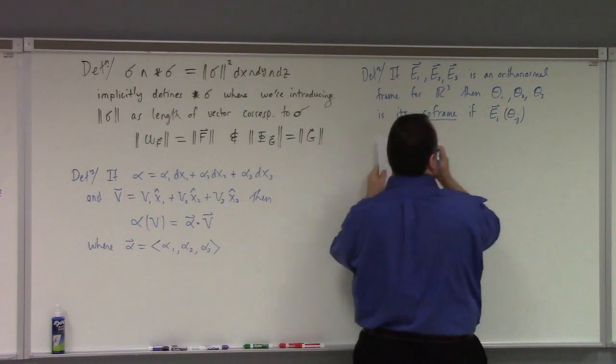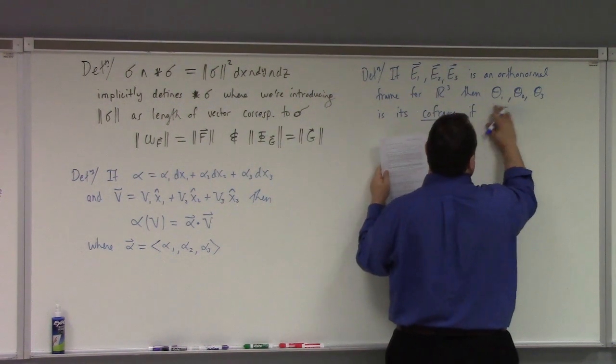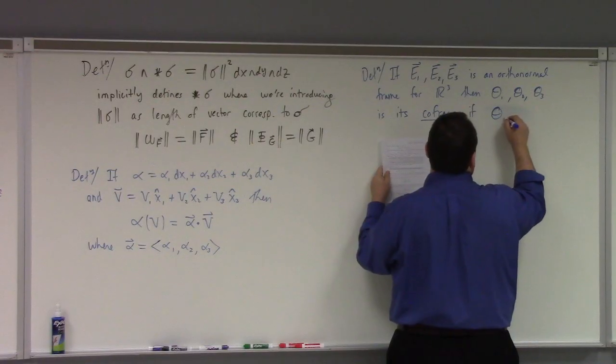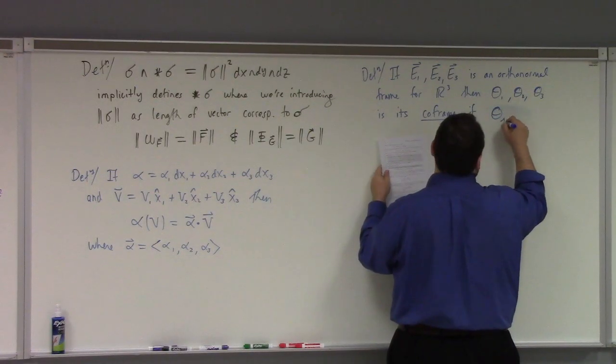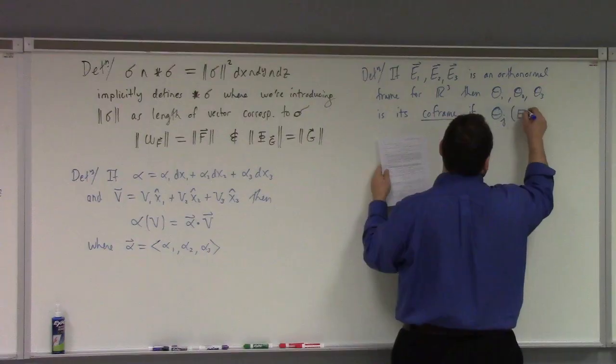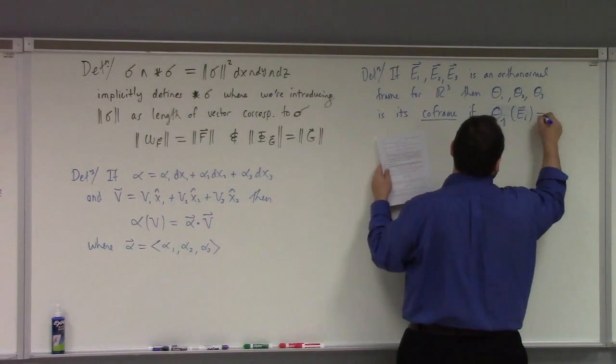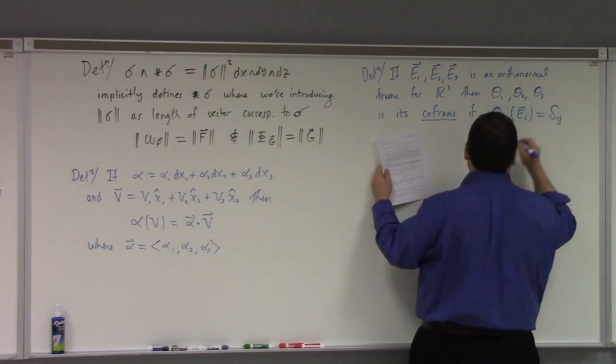That's a typo, sorry about that, guys. If theta j, rather, goodness. All right, if theta j acting on E i is equal to the Kronecker delta ij.